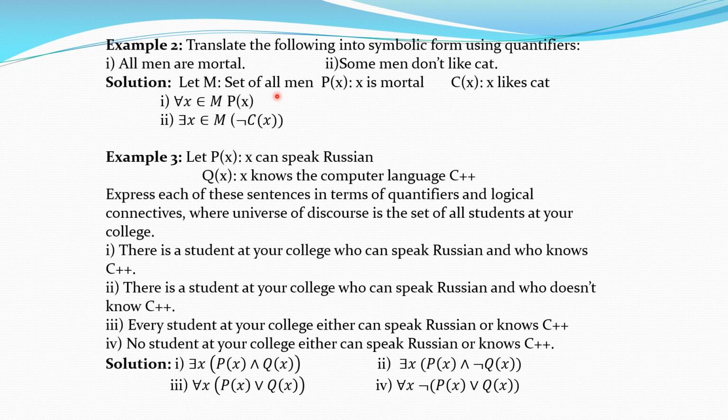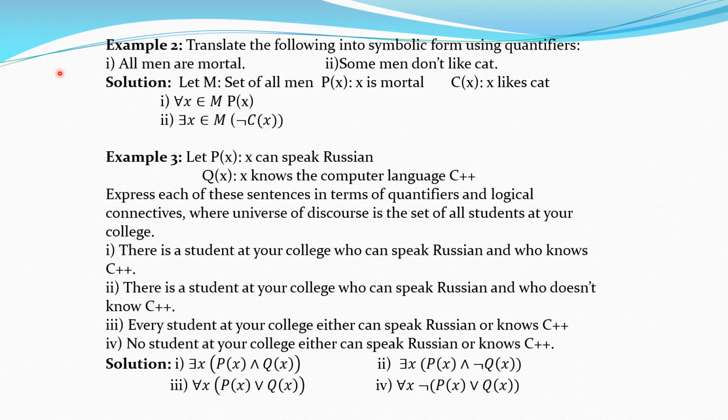So first here we define what is the domain under consideration. So we consider M as set of all men. Now what is given about that men? They are mortal. So we define the predicate Px as x is mortal for first case. Now as we have domain set and we have Px, now we can write it in symbolic form.